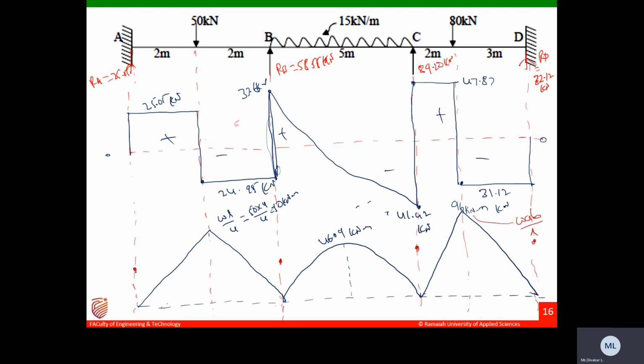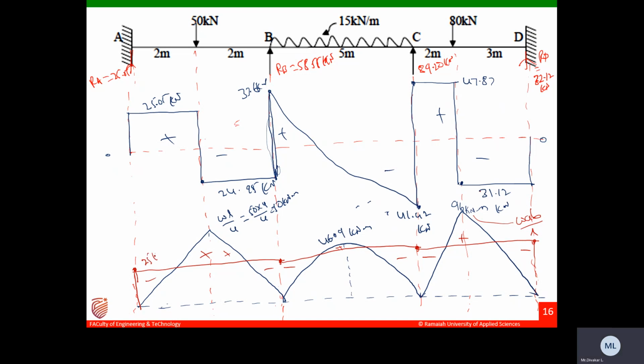Now just join those lines. This is minus, this is minus and this is minus, this is the plus region, this is the plus region and this is plus. And this is how much?